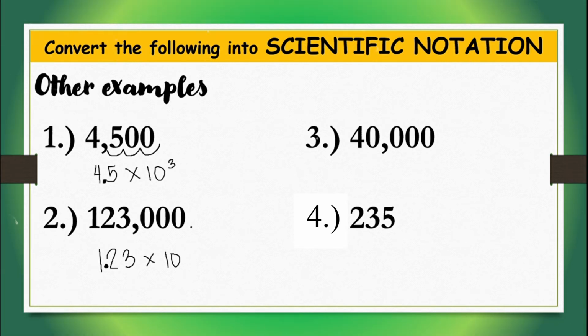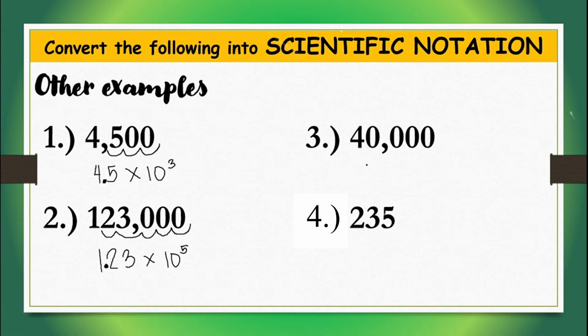The decimal point of a whole number is on the right side of the last digit. So we have 1, 2, 3, 4, 5. So we will have 5 as its power. So the answer will be 1.23 times 10 to the 5th power.